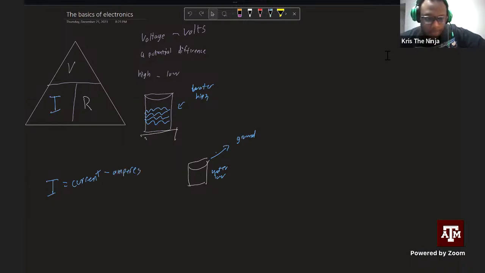Don't ask me why the symbol for current is I and it's measured in amperes. Me personally, I would have said VAR, but look, man, I didn't invent this stuff. So you have to suffer through whatever Mr. Ampere decided he wanted to call this stuff, because he's the one who discovered current.